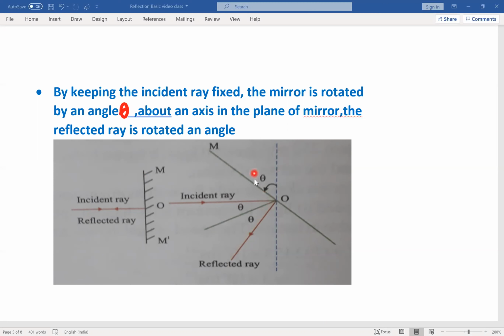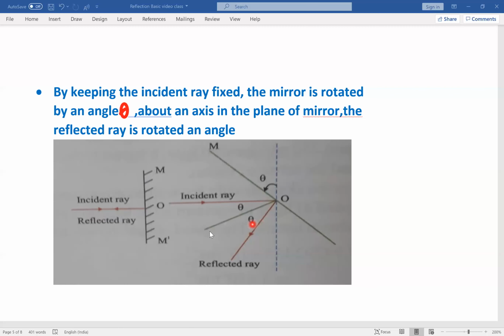It is rotated through some angle, but keeping the incident ray fixed. So the reflected ray will change its orientation. Actually it retraced back before, but here it is not the case. It will come in a different direction. So through how much angle is it rotated, that is the question.